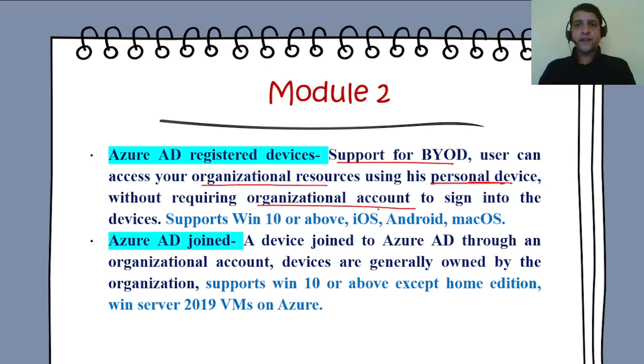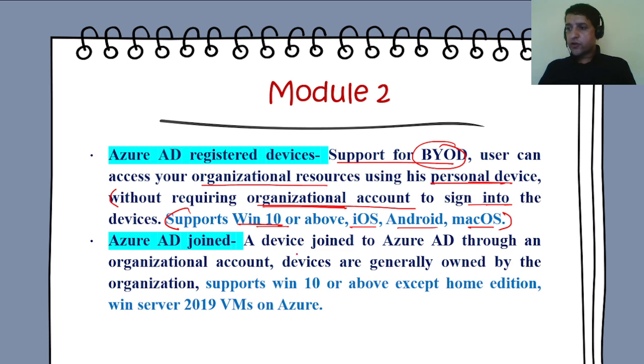There was a question where they give a scenario that the user doesn't require an organizational account, so what kind of option can he choose? This is very important: the user is going to bring his own device, so he doesn't require an organizational account to sign into the device. It also provides support for Windows 10 or above, iOS, Android, and Mac OS. Please remember this line also.